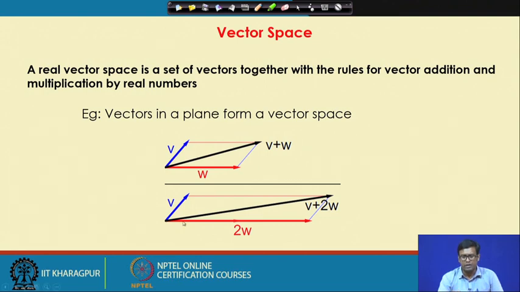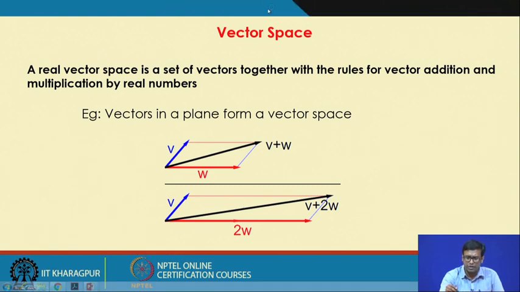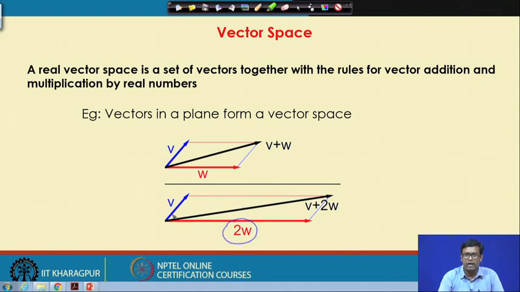Also, if I multiply w by 2 and get 2w, this vector 2w is itself lying in the same plane, and v plus 2w is also lying on the plane. So all vectors which are coplanar can be said to belong to one particular vector space. We will see this in more detail.